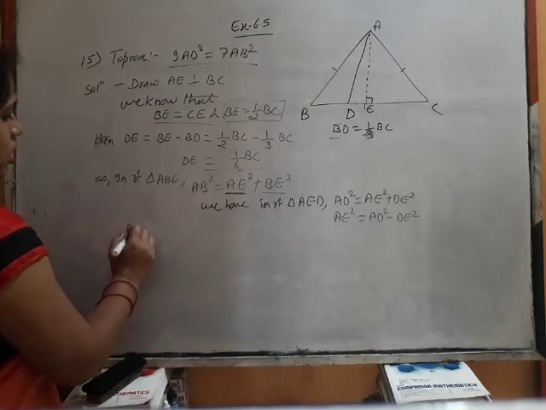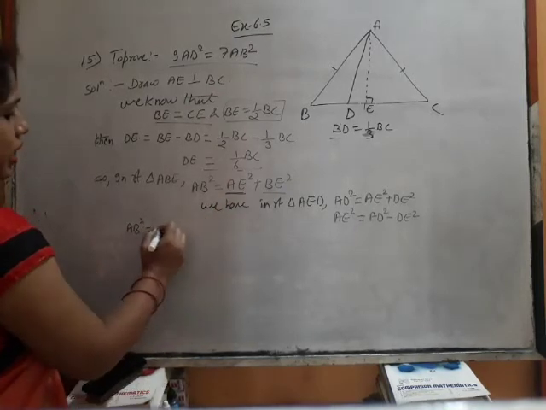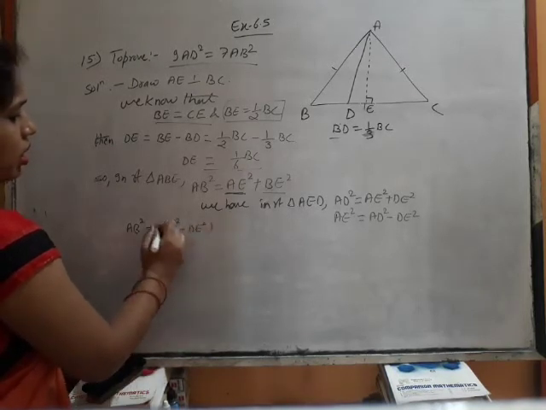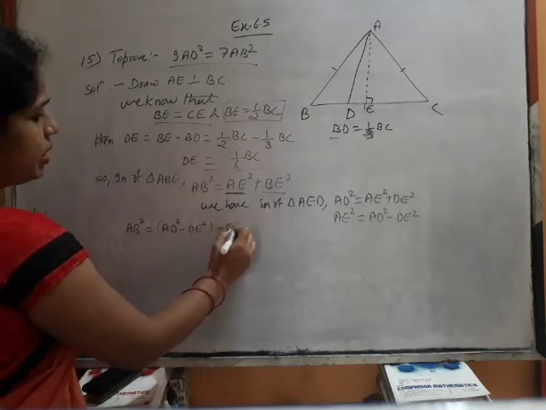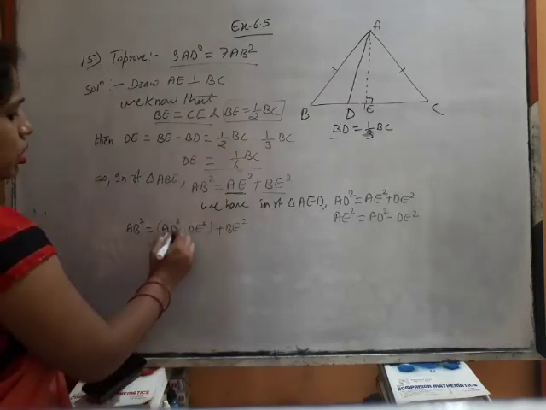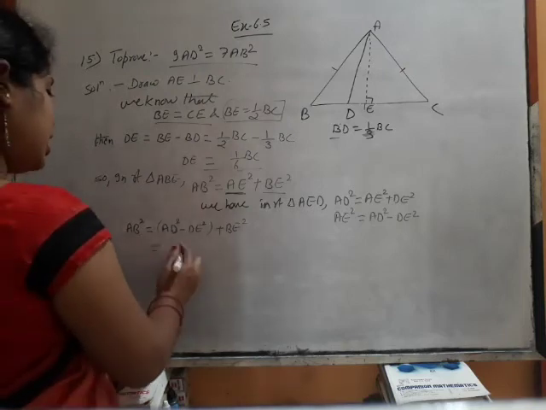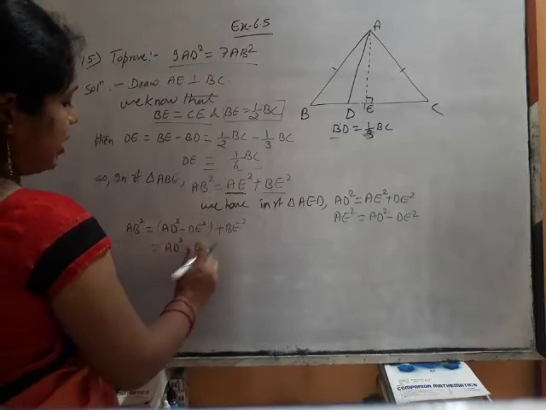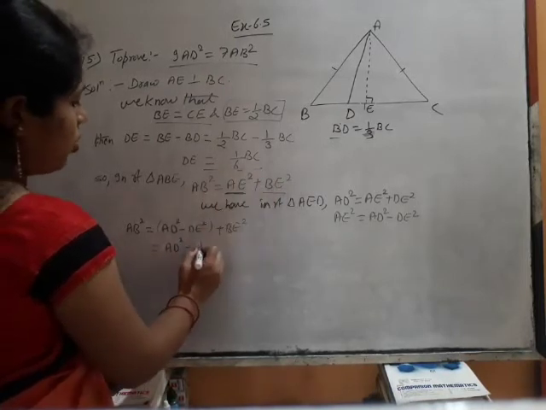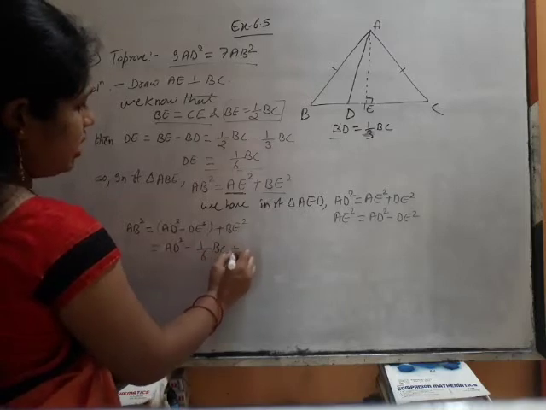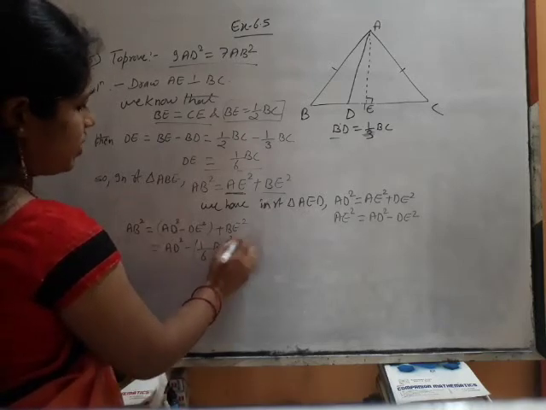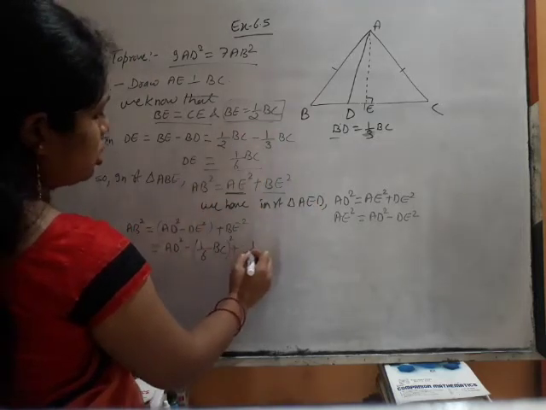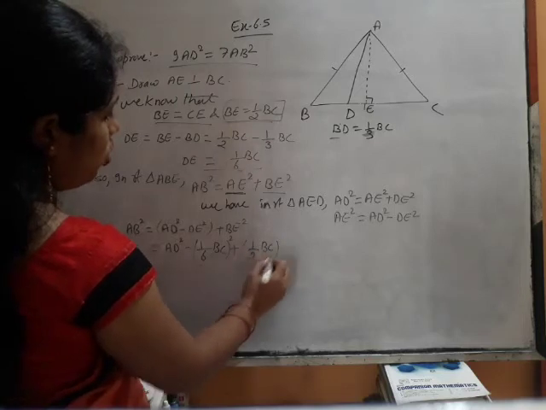So we have AB square is equal to AE square plus BE square, where AE square is AD square minus DE square. So AD will be AD as it is, minus DE, which is 1/6 of BC, whole square, plus BE, that is half of BC, whole square.